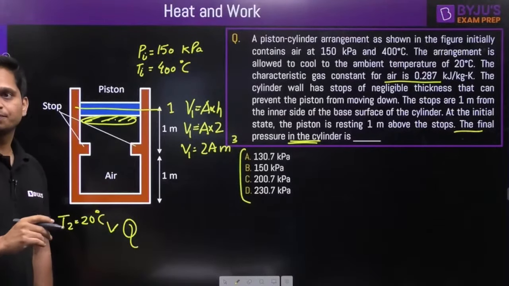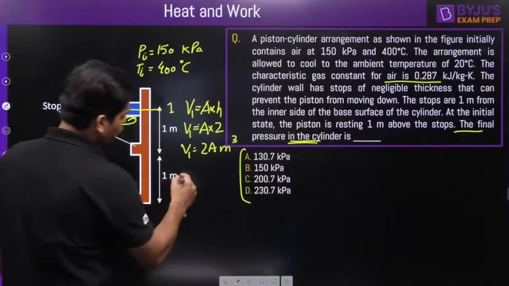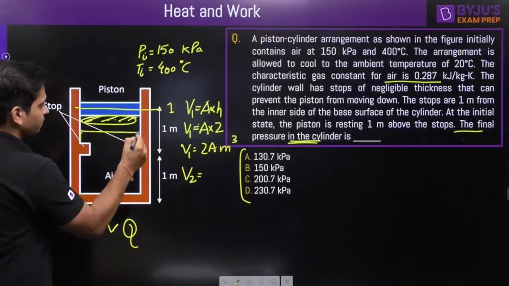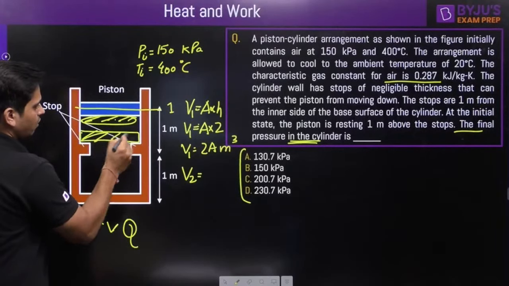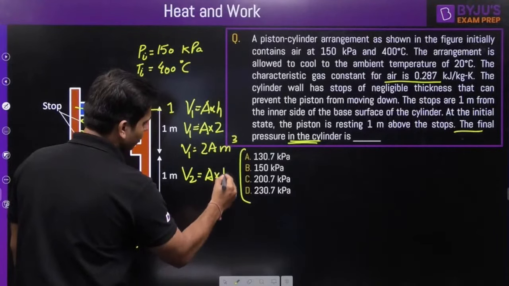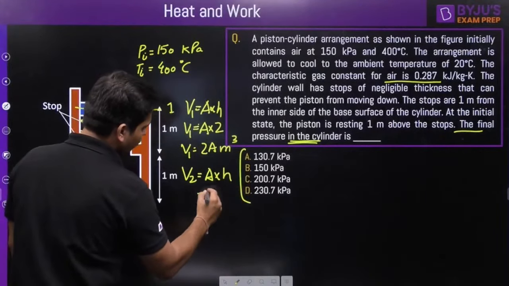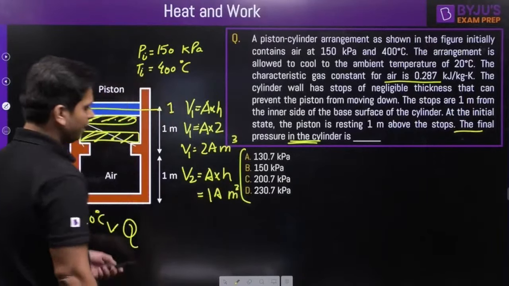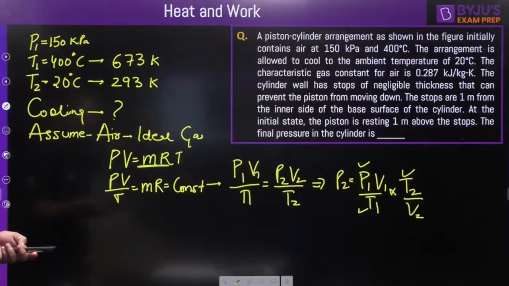Next, V2, yes, absolutely correct. V2 is, it will stop here. So V2 = area into height. What is height? 1. So 1a meter cube. That is what I am going to substitute here.